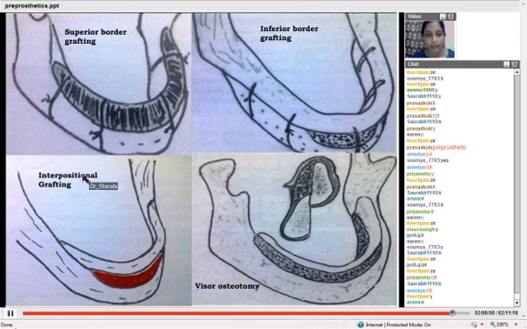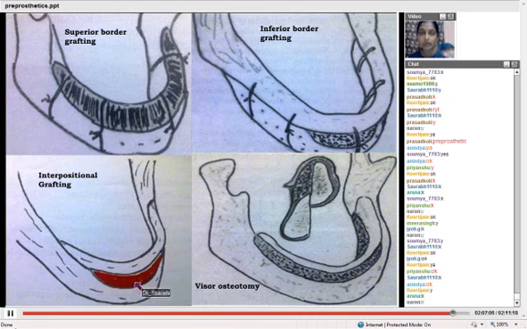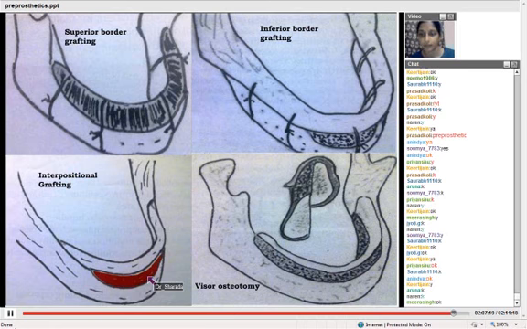Interpositional grafting: you give a horizontal cut here, just at the level of your mental foramen, and you fill it up with bone, either from a graft or your hydroxyapatite crystal, whatever it is. Got it?